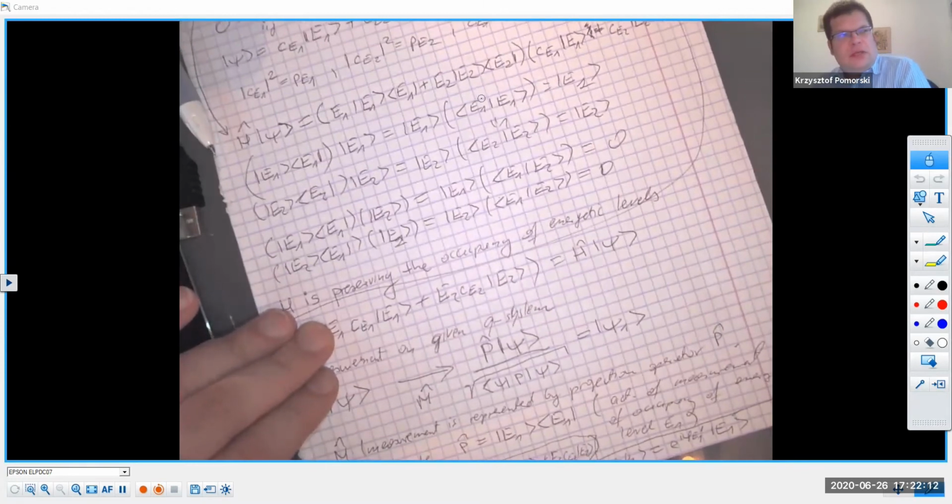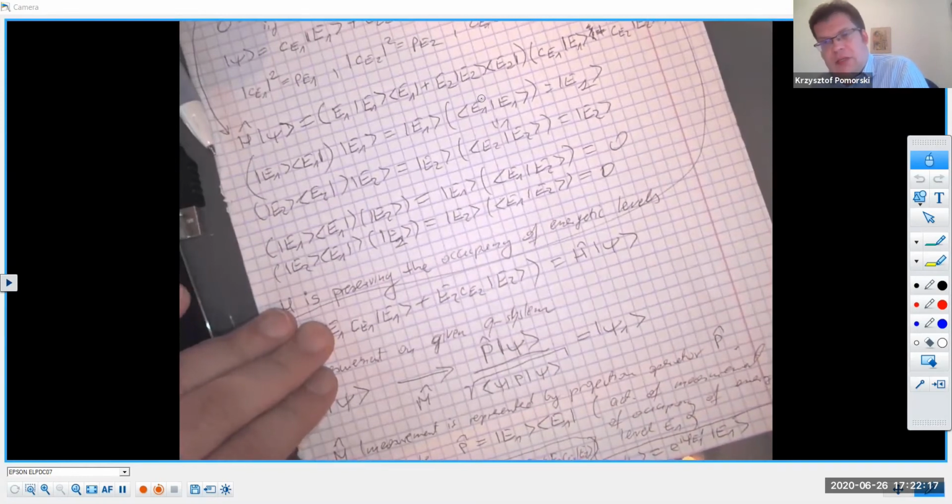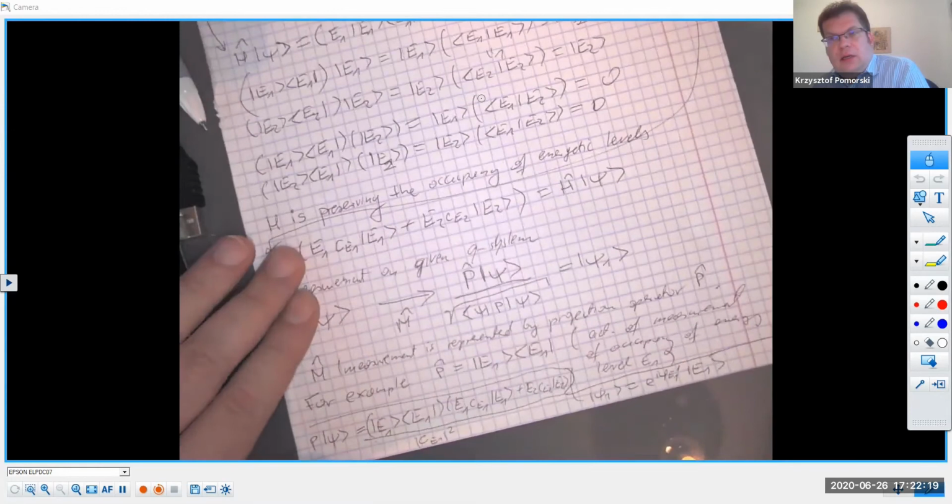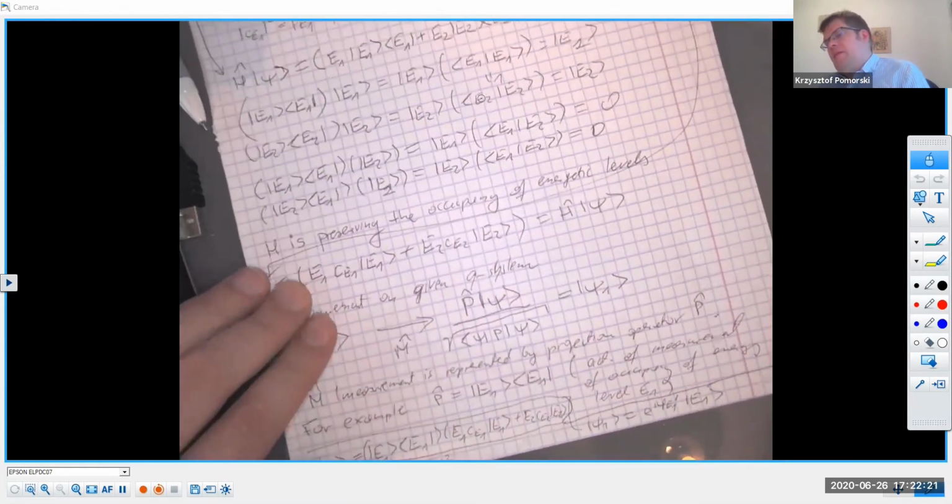So you can make measurements in energy space. You can make measurements in position space. You can make measurements in momentum space.